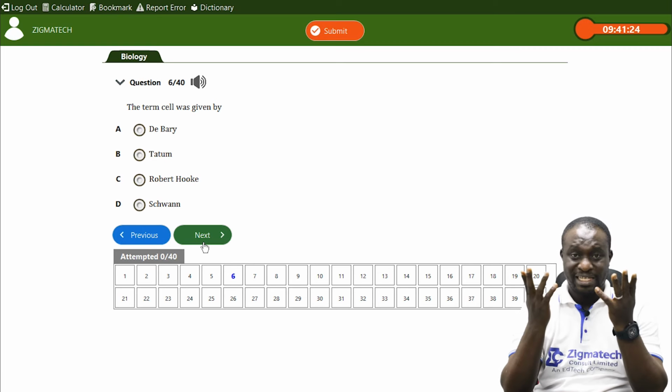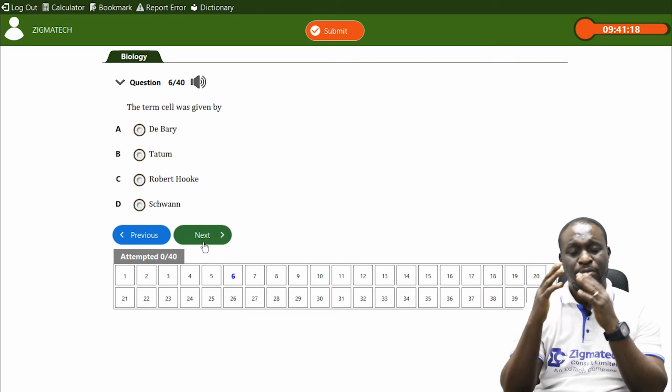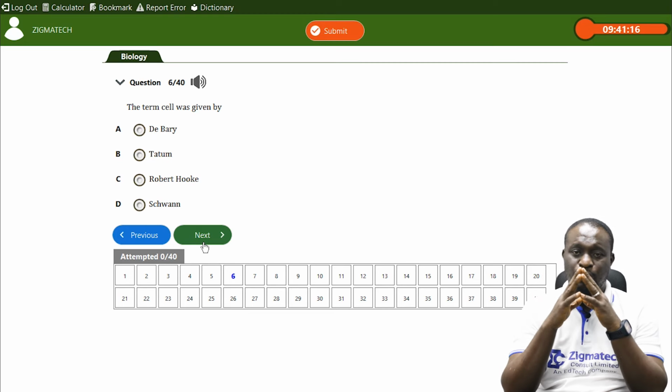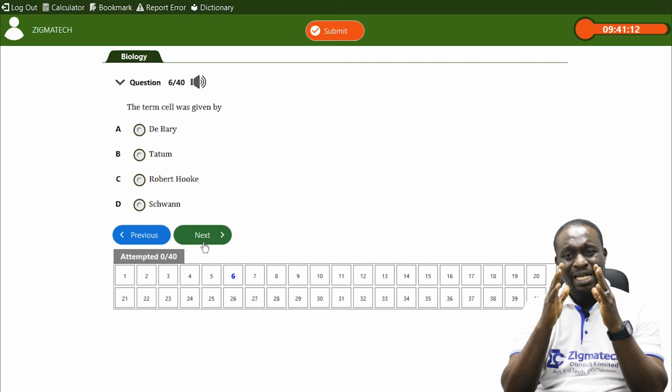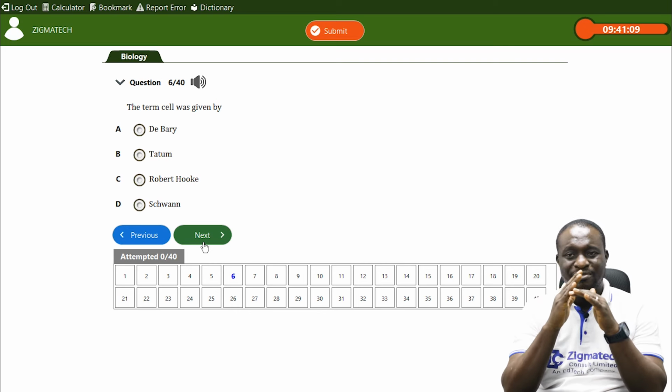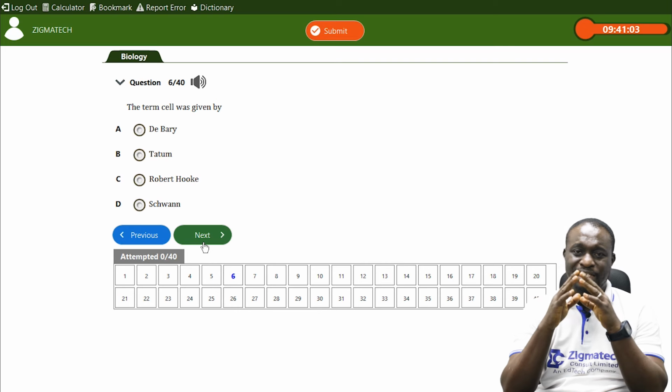And in fact, his discovery was used for the postulation of the cell theory. And then also Robert Hooke came up with what a cell actually looks like. But actually, it was Robert Hooke that gave the term cells. He was the one that gave cells the name. And that is why he's referred to as the father of cell.